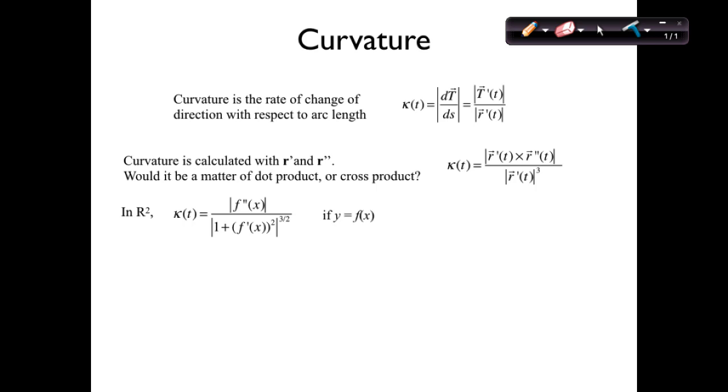And then in your homework, there's still another formula that they give you, and you use that one. There are different formulas, so use whatever one makes sense in the moment. We'll use this for R3 when you have a vector function for your curve. This is used in R2 when you have just a regular scalar function as your curve.